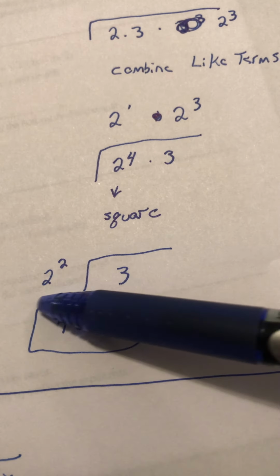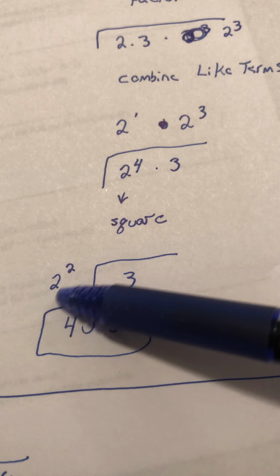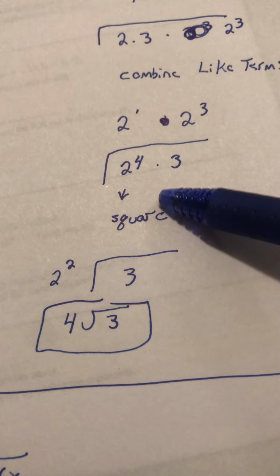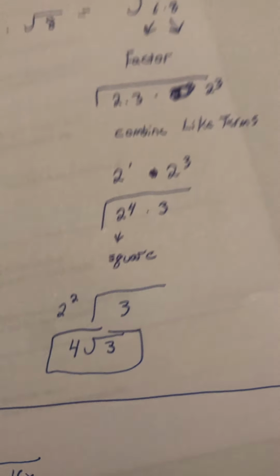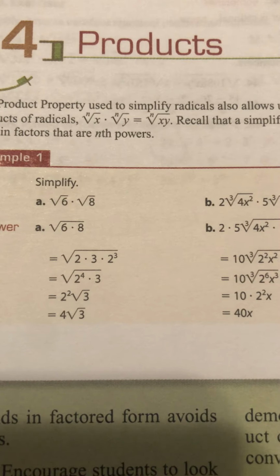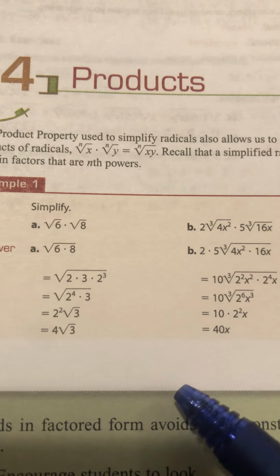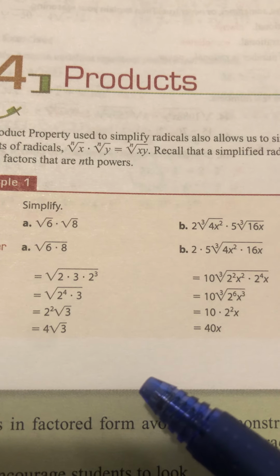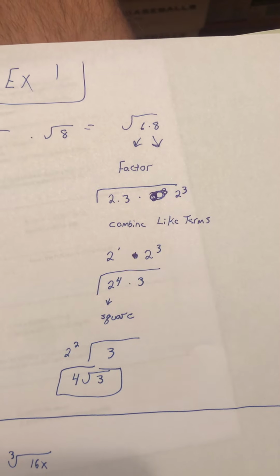The 3 doesn't come out, so you bring out 2 to the second power, which is 4, times the square root of 3. The book does something like that, I think, but theirs looks about the same on that one.